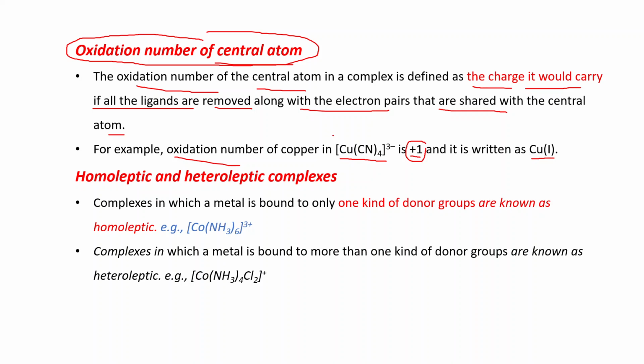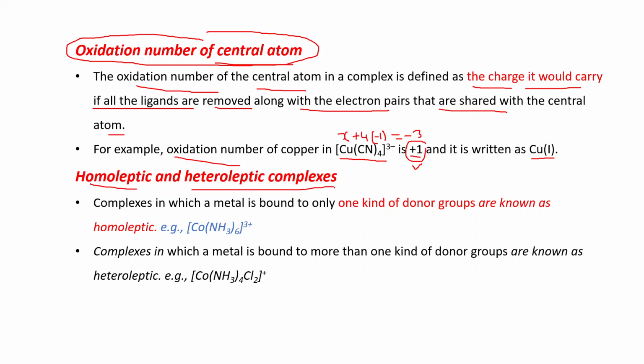In this case, assume the oxidation number of copper is X, plus there are 4 CN and each CN has one negative charge, and this is equal to -3, which is the charge on this ion. If we find the value of X, it will come out +1. In this way we calculate the oxidation number of the central atom or ion.